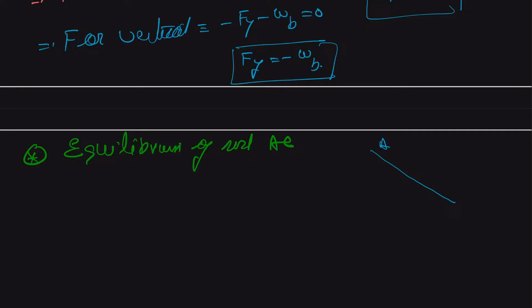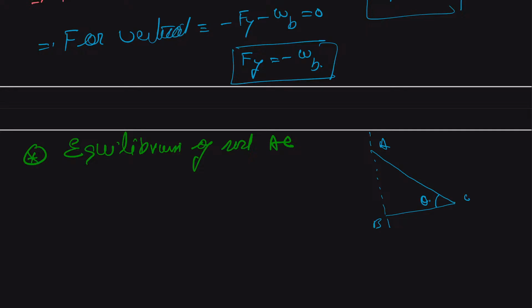So this is our A, we have our C, and this is our B, making angle of theta. But we are interested in our now AC, not our BC. BC we have already solved.